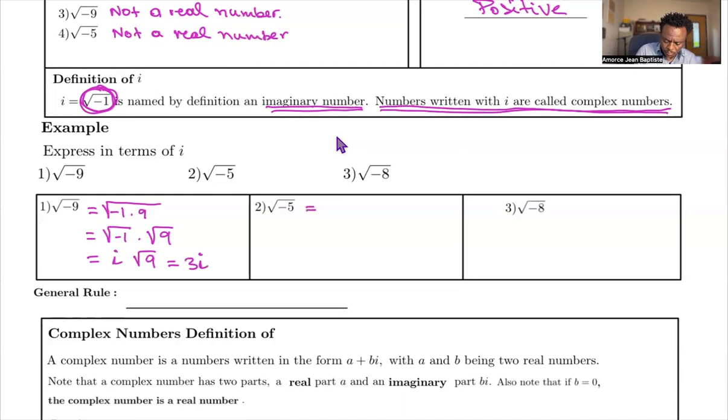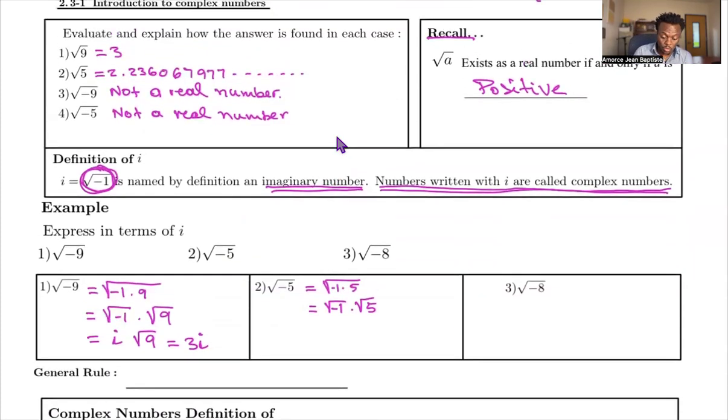Same thing here. That's the square root of -1 times 5, which equals the square root of -1 times the square root of 5. I would prefer keeping the square root of 5 as a radical, because I don't want to deal with a bunch of decimals.